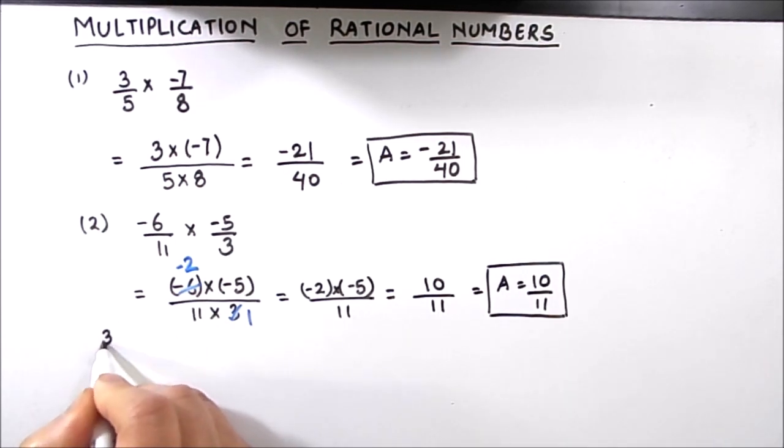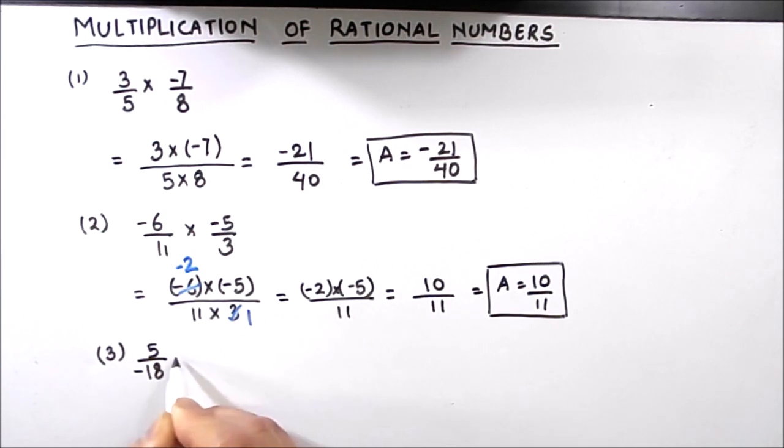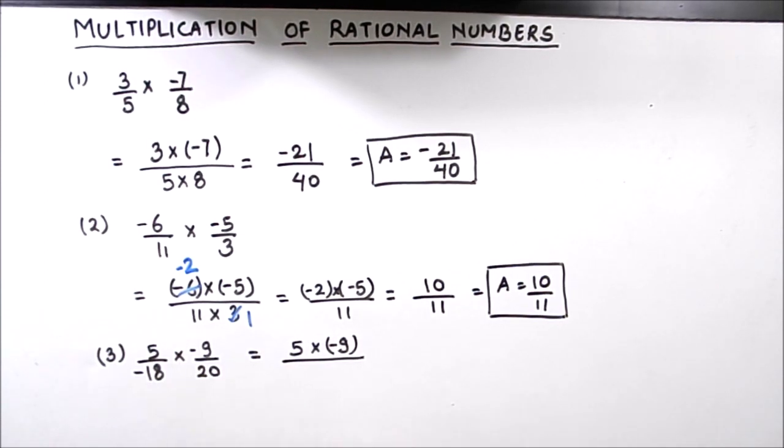Let's move on to a third example, which is 5 by negative 18 times negative 9 by 20. So 5 and negative 9 will get multiplied in the numerator, and negative 18 and 20 will get multiplied in the denominators. Here we see that we have negative 9 and negative 18 with a common factor of 9.